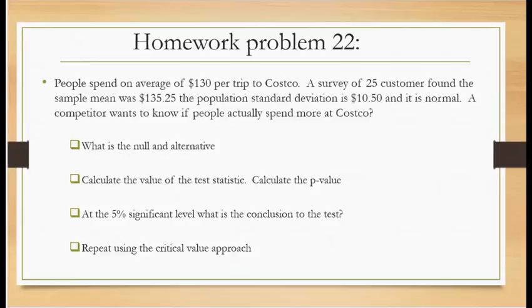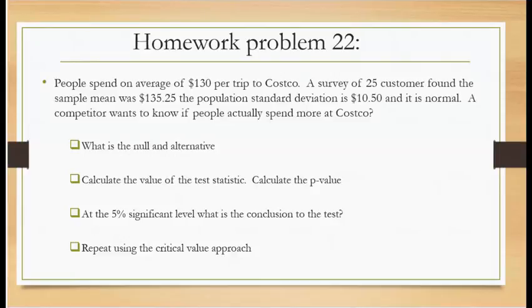So before we do any math, let's just pause for a minute and look at what this is saying. We did a survey on 25 people, and we found that those people on average spend $135 versus $130. But our standard deviation is 1050. So what do you think? Do you think that this is going to be statistically significantly different, or do you think it's going to be the same?